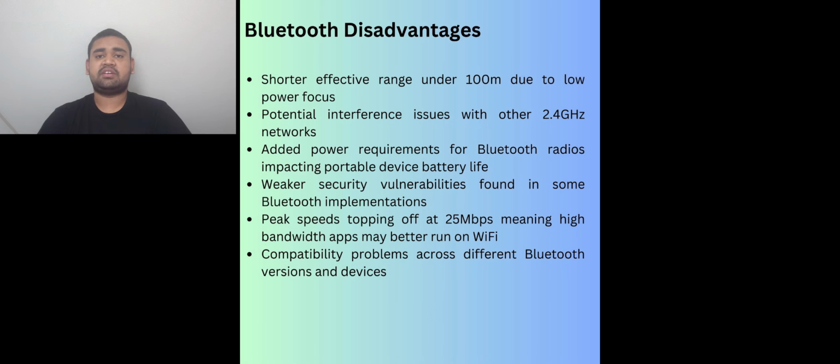The other potential disadvantages are interference issues with other 2.4 gigahertz networks, added power requirements for Bluetooth radios impacting portable devices' battery life, and some security vulnerabilities found in some modern Bluetooth implementations. Peak speed stops at 25 megabits per second, meaning high bandwidth apps may better run on Wi-Fi.